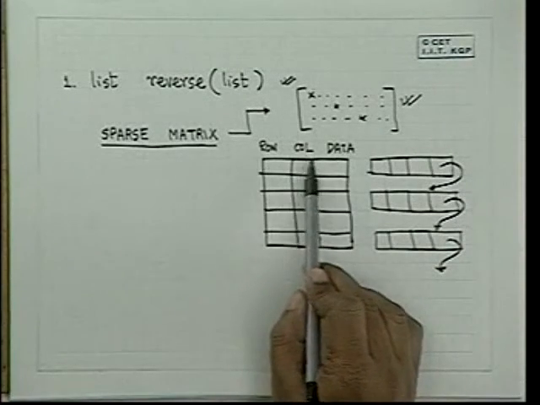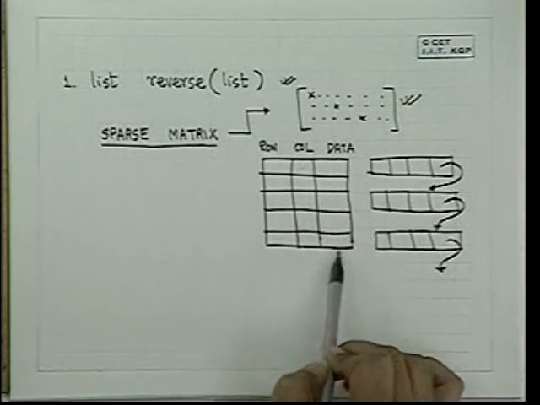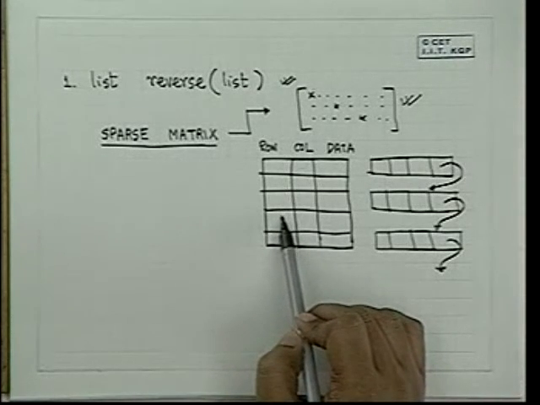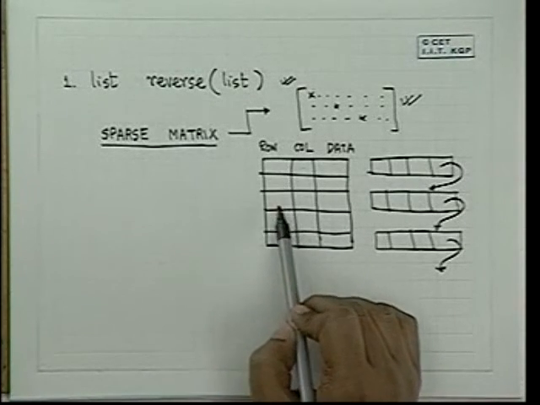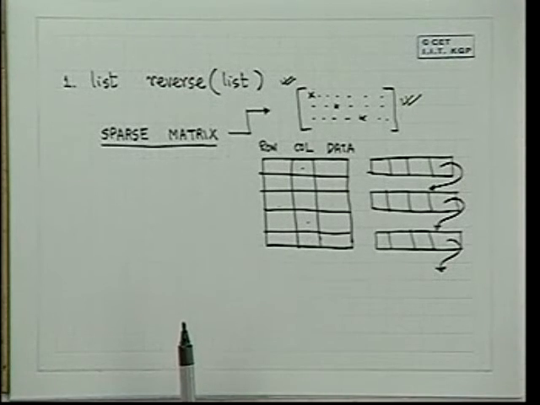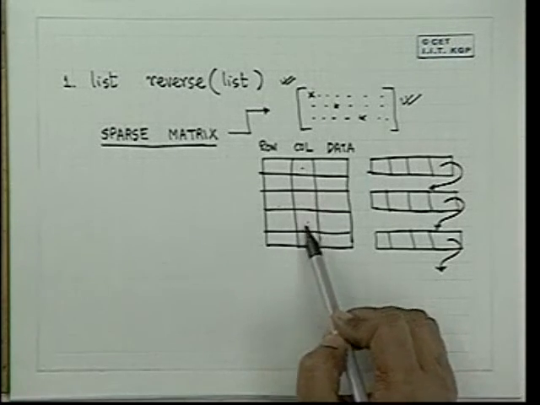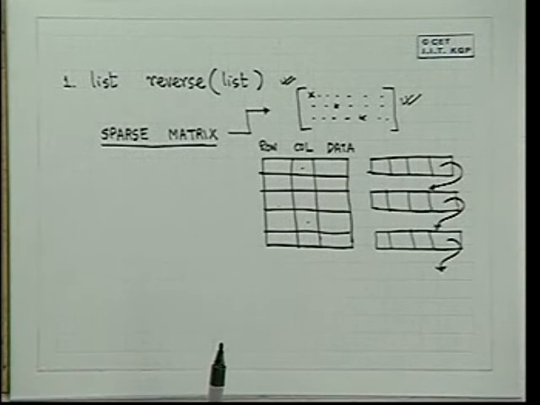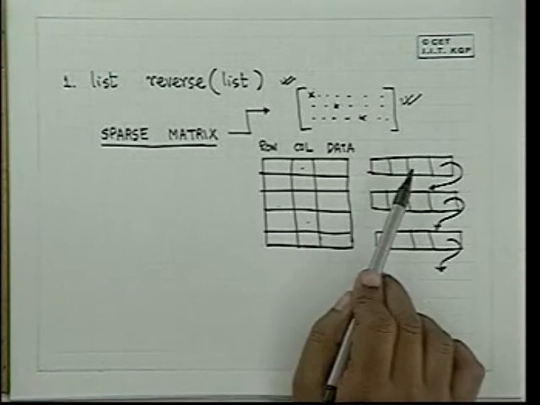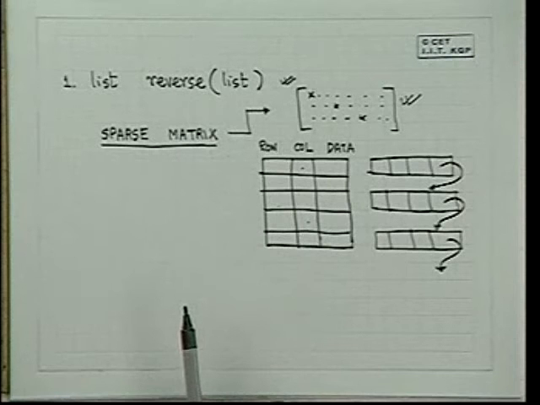So how would you put it in this structure? Here you can sort it row wise or you can sort it column wise. But if you sort it row wise, then the next column element you will not get, isn't it? The next column element you will have difficulty in obtaining. So can you suggest what you will do to be able to move row wise as well as column wise?